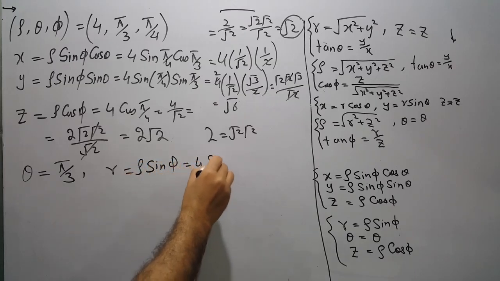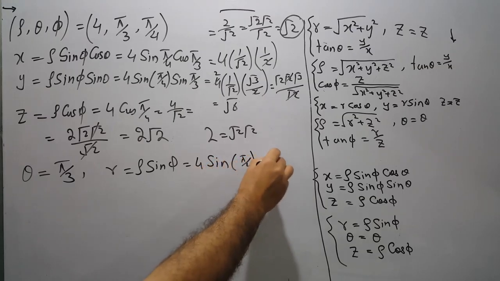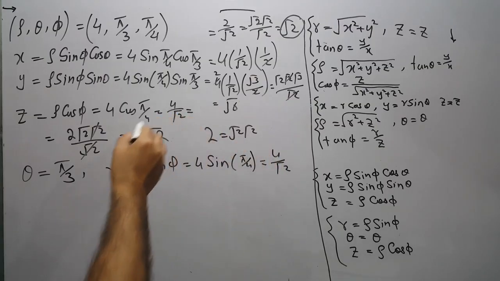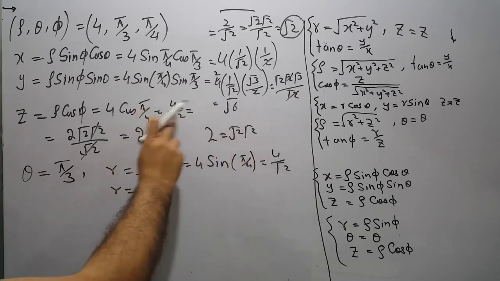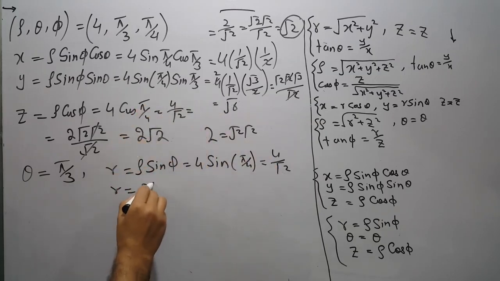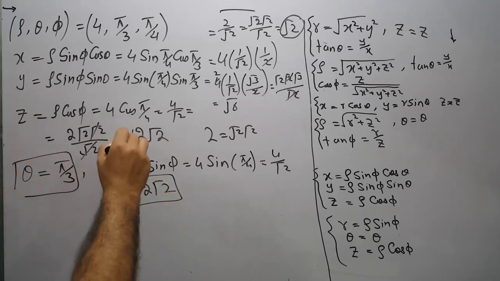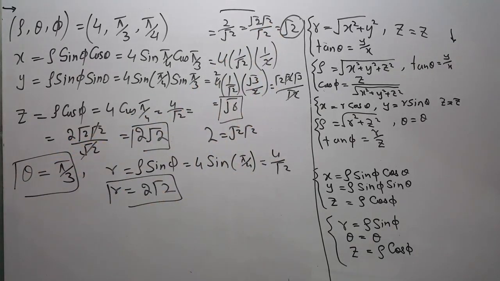Rho is 4, sine of pi by 4 is 1 over square root 2, and we have already found that, so this gives us 2 square root 2. In the cylindrical, theta is pi by 3, r is 2 square root 2, and now we need to find z.